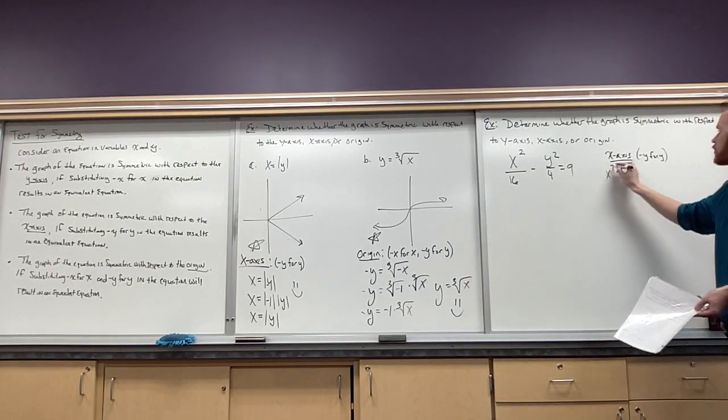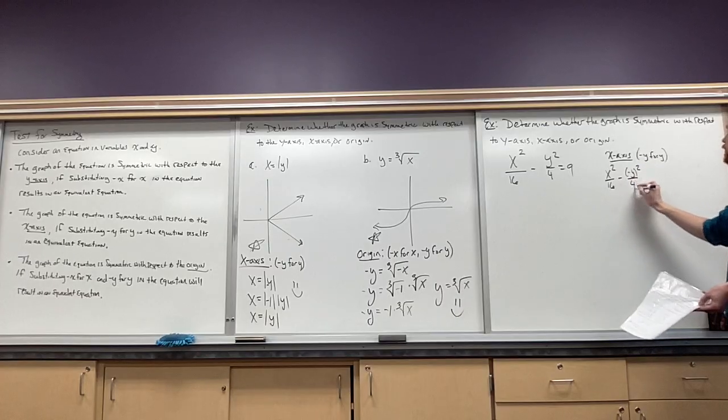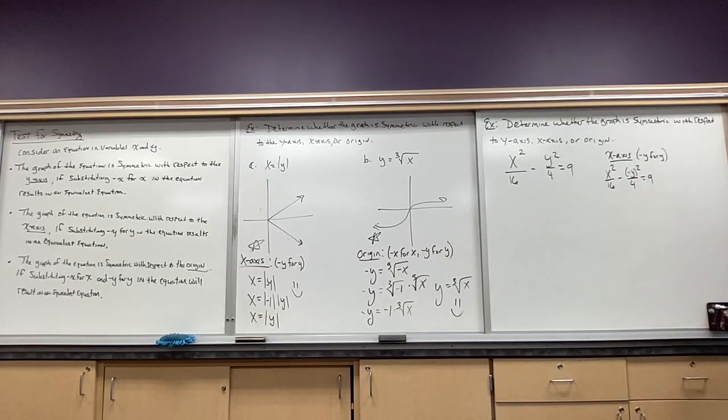So here we go. So x squared over 16 minus negative y squared over 4 equals 9. Well, that looks pretty good to me, huh? This results in x squared over 16 minus y squared over 4, because negative squared gets rid of it, equals 9. Hey, we're good. It's x-axis symmetry.